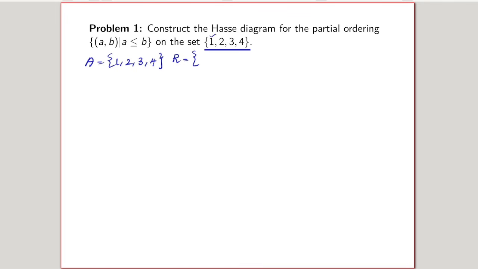Clearly we know that 1 is less than or equal to 1. So 1 is related to 1, and 1 is less than or equal to 2, so we can write (1, 2). Similarly we can write (1, 3) and (1, 4). If we come to the element (2, 1), 2 is not less than or equal to 1, so we cannot write (2, 1) in the relation.